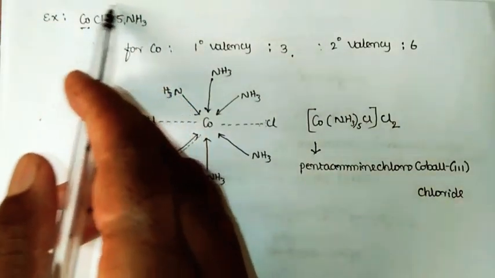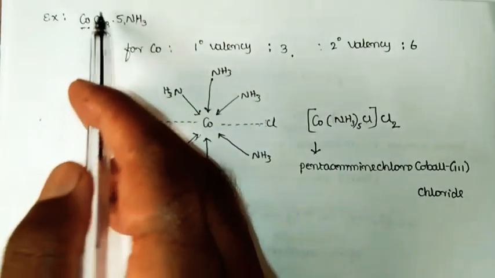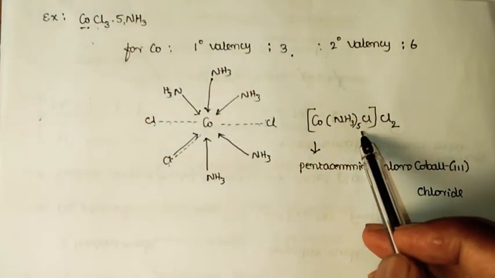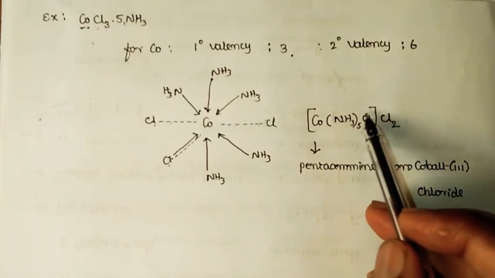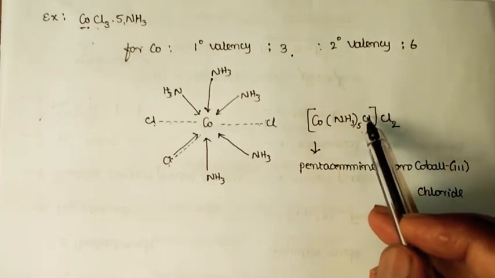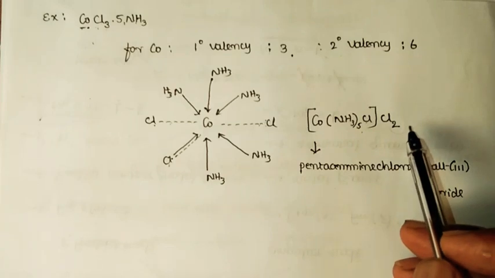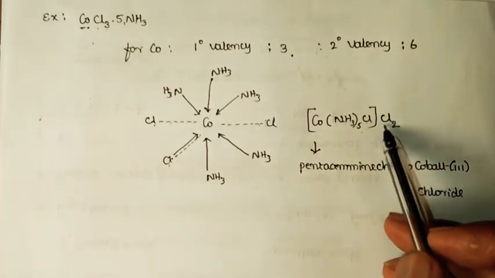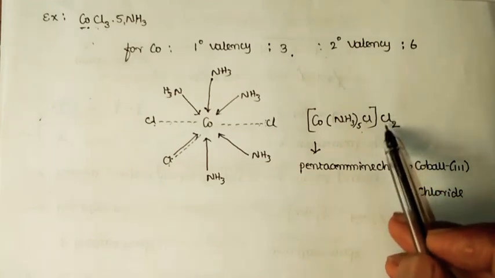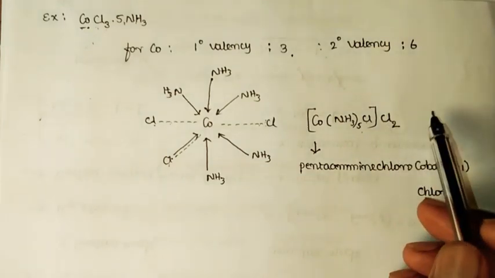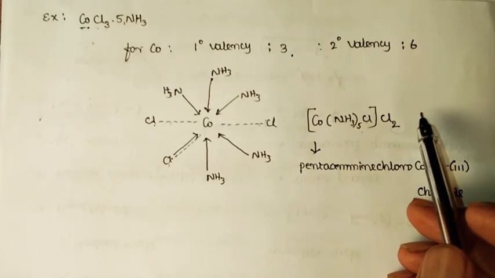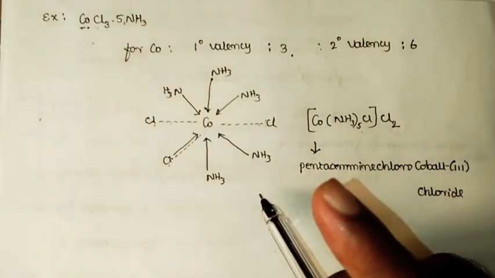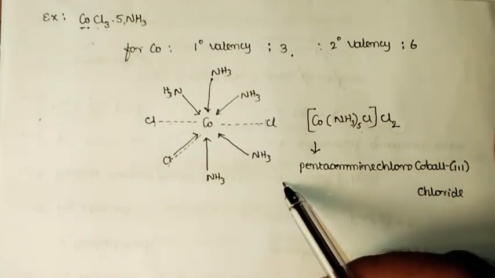By looking at this formula it is not possible to say, but by considering this structure, we can say that the chlorine inside the coordination sphere will not come out into the solution as Cl minus, and the components in the ionic sphere can enter the solution as Cl minus, and each Cl minus can interact with one AgNO3 molecule to form one AgCl.